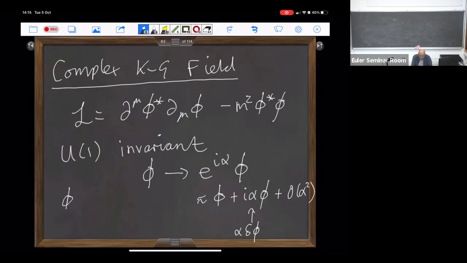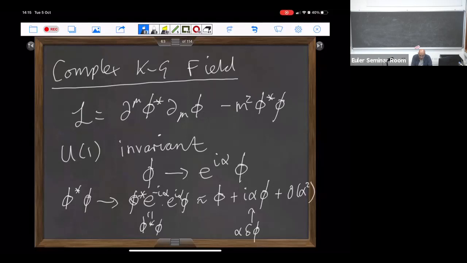And so phi star phi will transform to phi star times e to the minus I alpha times e to the I alpha phi, which is equal to phi star phi.